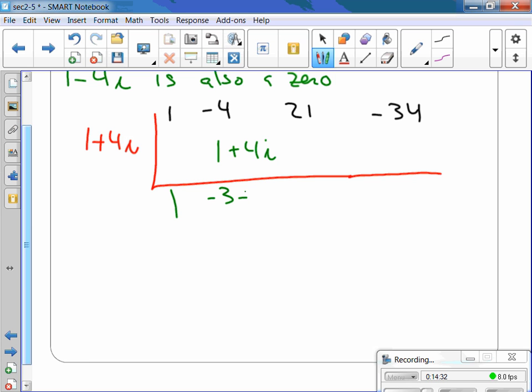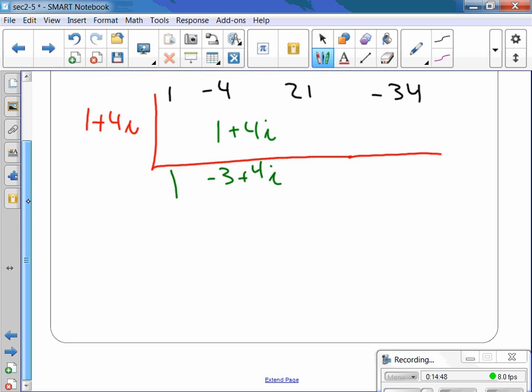Now what? Stephen said, I need to multiply, right? So I have my negative 3 plus 4i times 1 plus 4i. You guys know how to FOIL? You tell me what we get.